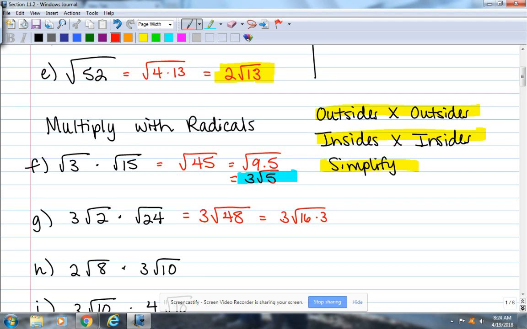Well, it's 3 times 4, which is 12. That's right. So you take the square root and times it on the outside. So it's going to be 12 radical 3. Okay, so if you already have a number out there, you multiply it times the number that you're getting for your square root. So that was 12 radical 3. Does that make sense? Okay.